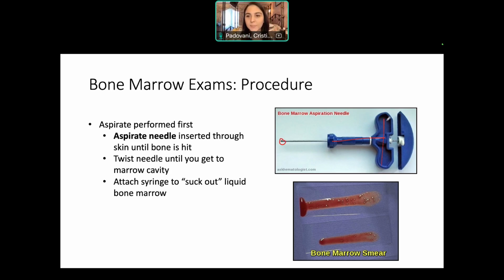Then you insert the aspirate needle, which sticks through the bigger needle. You twist it down until you get the marrow, and then you attach a syringe to suck out the liquid of the bone marrow, and then you can make a smear. You can also use the liquid to do other things, like stains.